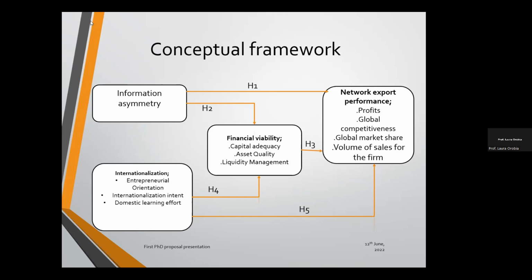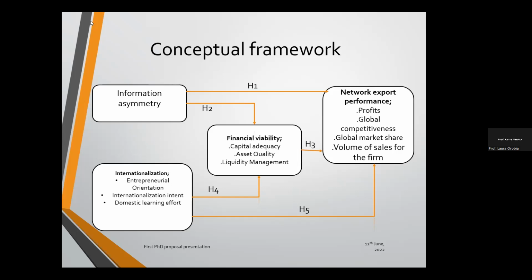When you read through the questionnaire items, to me, they don't reflect internationalization. Internationalization intent predicts internationalization, and therefore is not an indicator. Domestic learning effort predicts.